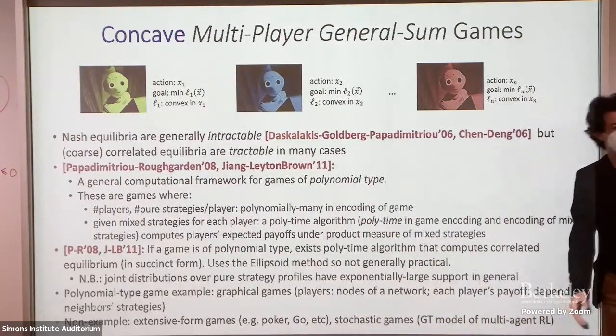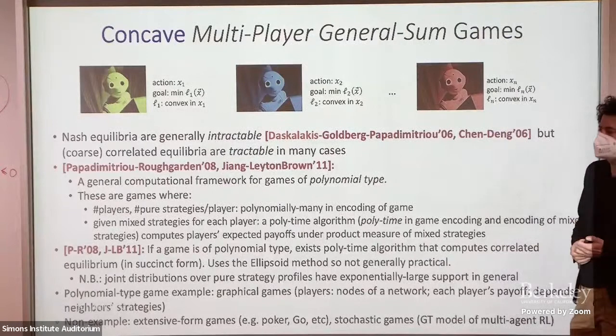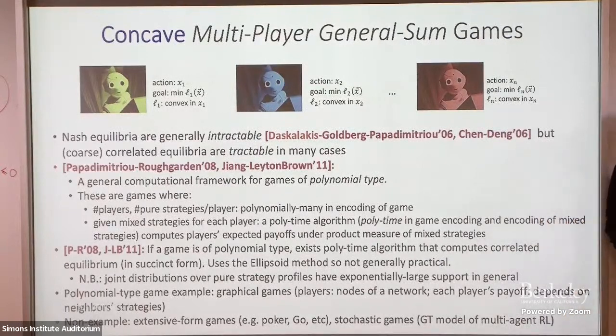Stochastic games, which is a game theoretic model of multi-agent RL, is another example where the total number of deterministic policies is exponential in the description of the game. So these are not games that can be handled by this method, but a lot of other games that are useful and interesting can be. So that's an interesting method to have in mind when you think about correlation in multiplayer games.